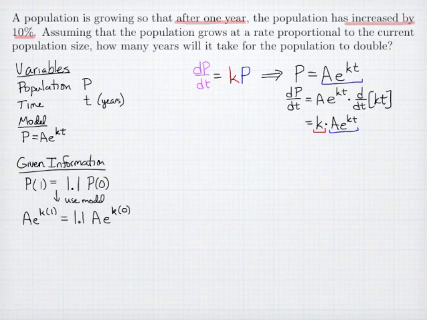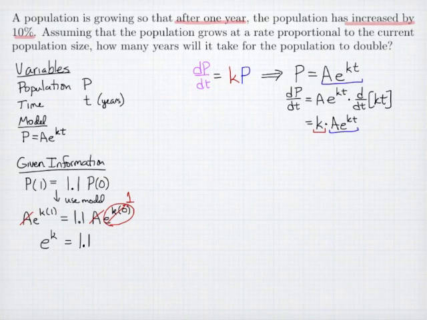This equation that comes from my given information allows me to solve for my constant k. Notice that A cancels, e to the k times 0 can be replaced by 1, and so I get an equation, e to the k equals 1.1.